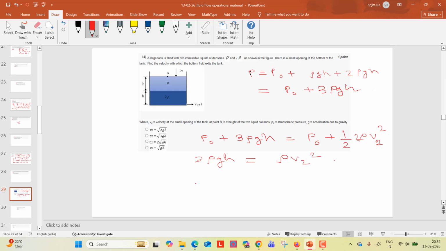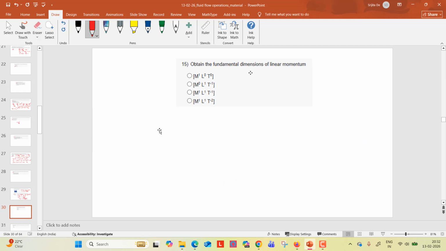So V2 squared is 3gh, V2 will be root under 3gh. Option B.